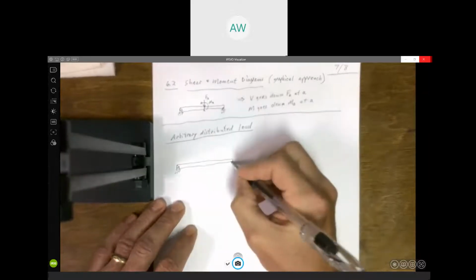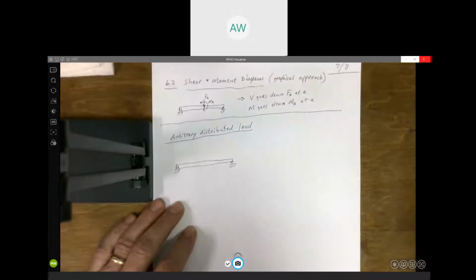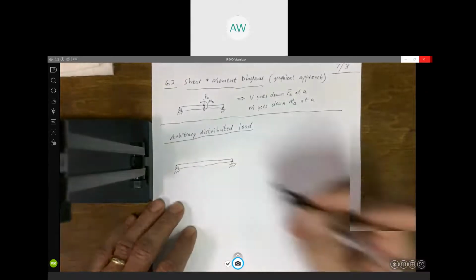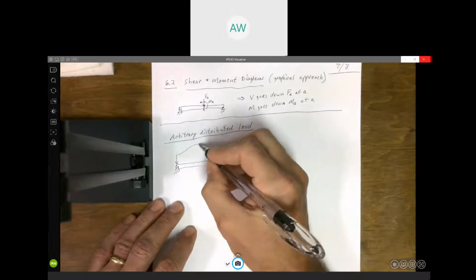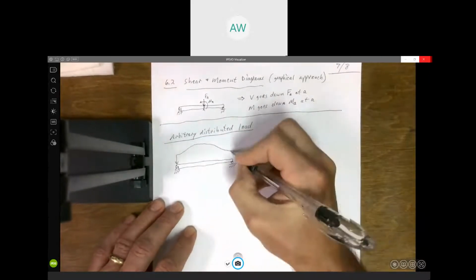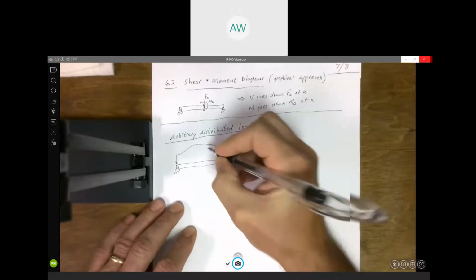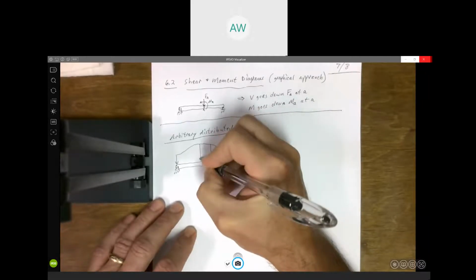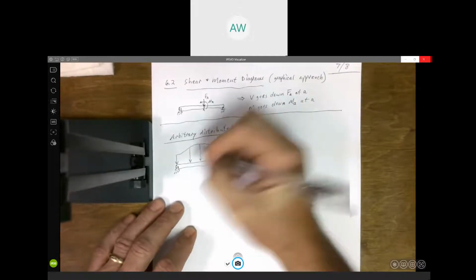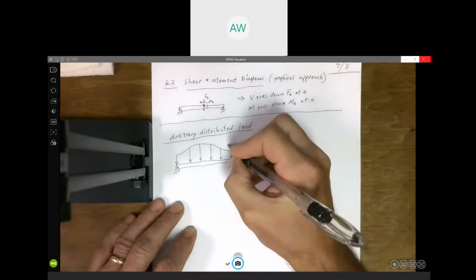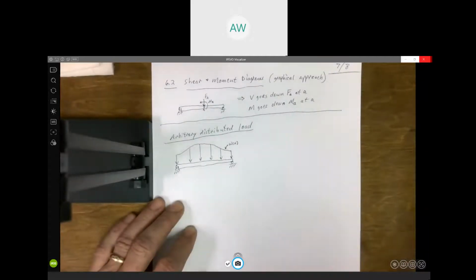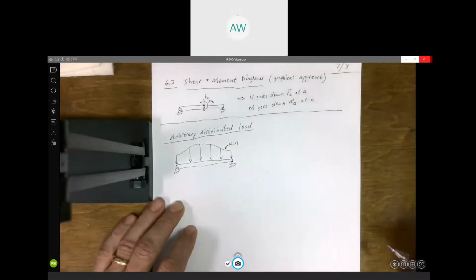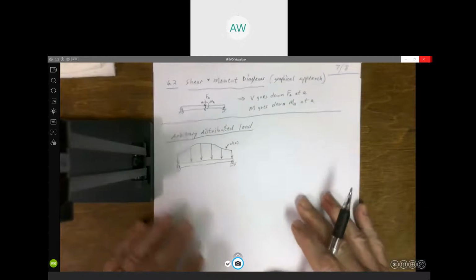Again, we'll just look at one simply supported, pin support and roller, and we've got some arbitrary distributed load acting on this beam. So this is just some distributed load. We'll denote it with lowercase w for our distributed load.